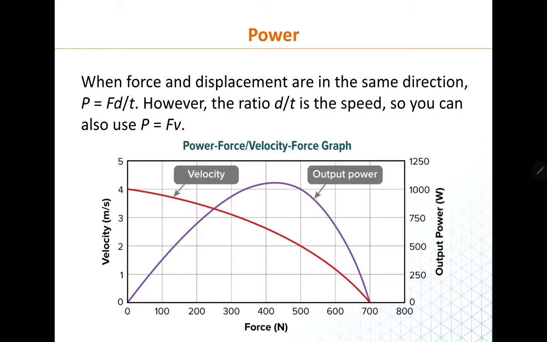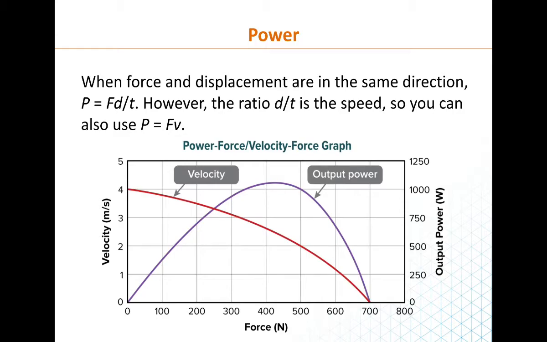When force and displacement are in the same direction, P equal to F d over T. However, the ratio d over T is the speed, so you can also use P equal to F v.